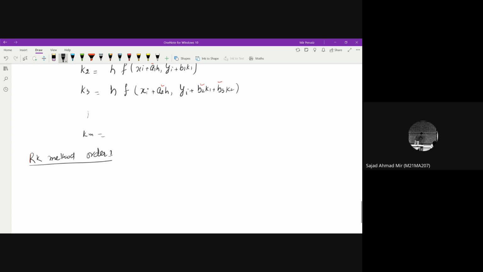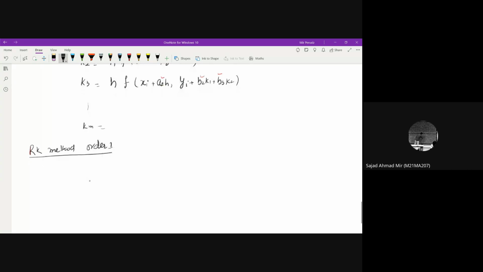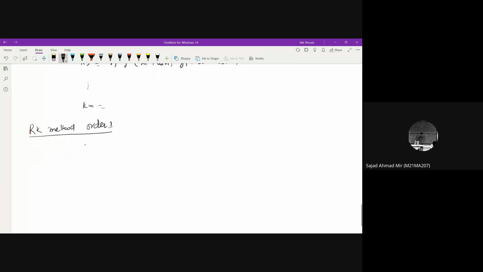So what RK method of order 1 is doing, we are using just the value k1, which is h times f of (x_i, y_i), which means your y_(i+1) is y_i plus lambda, and you are using just one term.